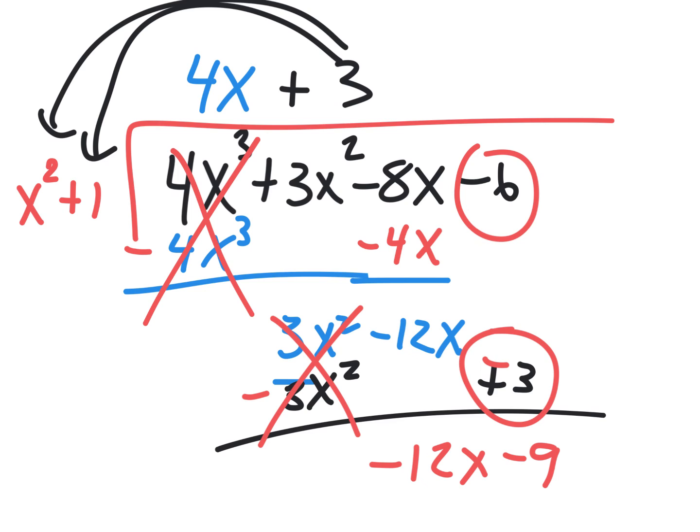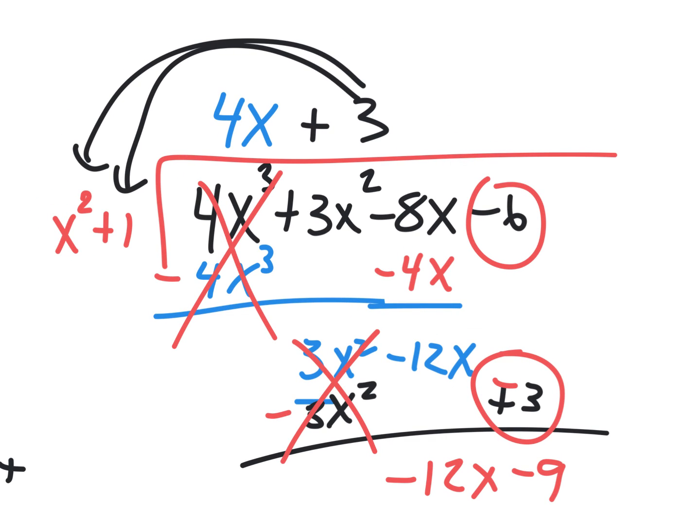It's factorable, but the 12 won't factor off cleanly, so I don't think it's going to work. So I'm going to put a what at the top? What could I put at the top that would make that work? Is there anything I could put up there and get that to come out with a negative 12x? Nope.